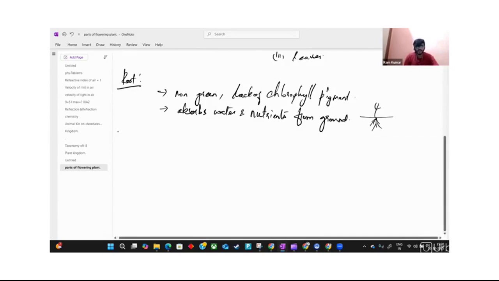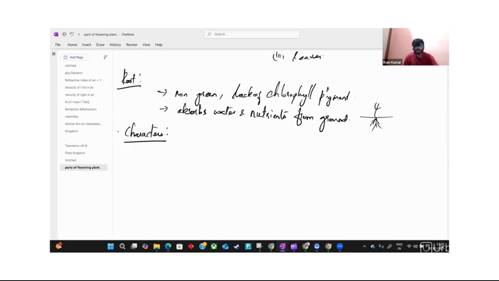So, characteristics of the root. It is a descending portion of the plant, because roots are always buried inside the ground.